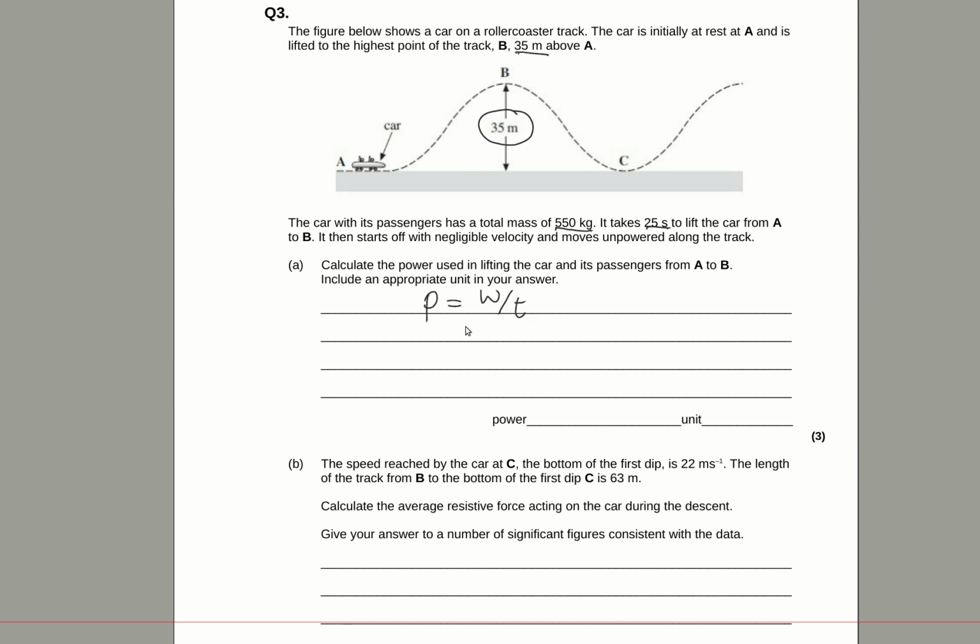Now if we're lifting something up, we're doing work against gravity, so we're storing gravitational potential energy, and we know that gravitational potential energy is mgh, which is 550 times 9.8 times 35 metres, and that gives me an energy of 188,650.